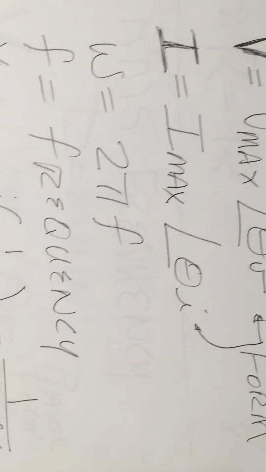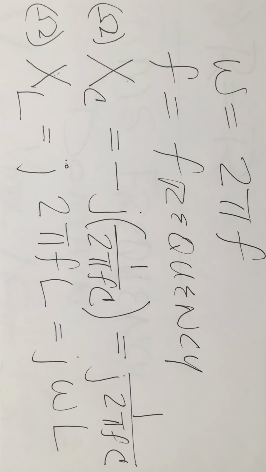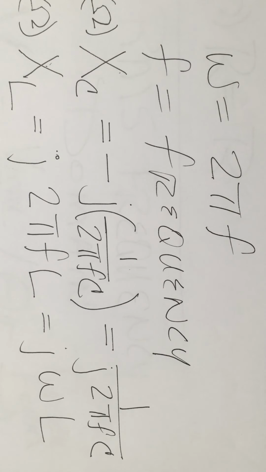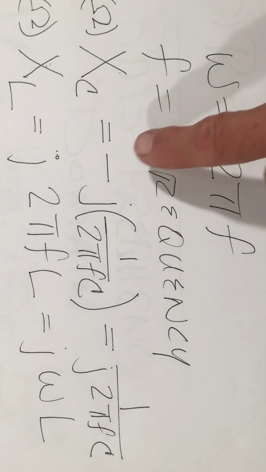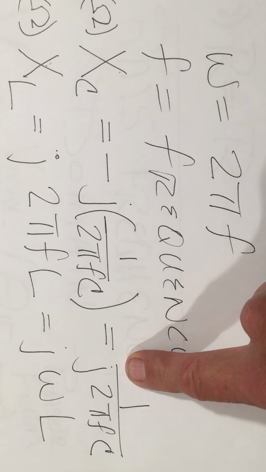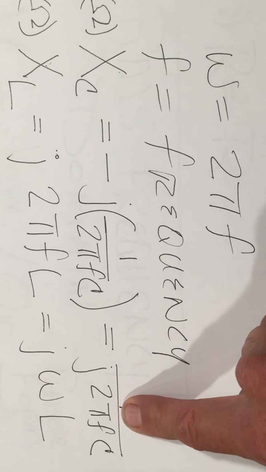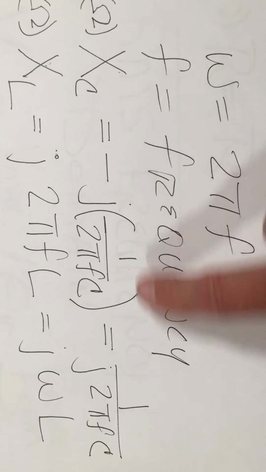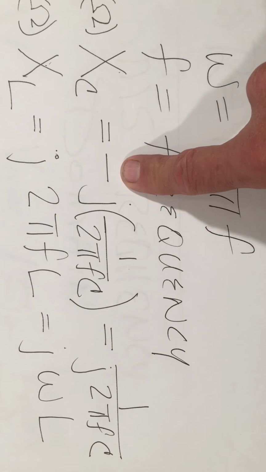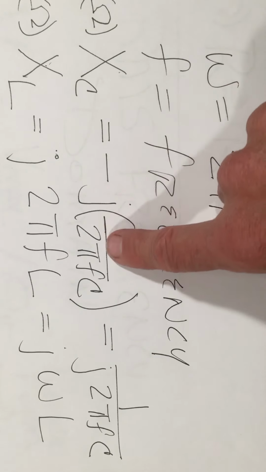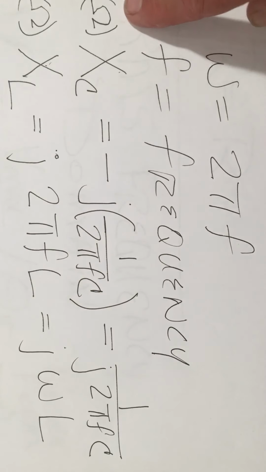And the way you do that is you take XC and, depending on how you look at it, minus J, or J is in the bottom, 1 over J times 2 pi f (omega) times C, or bring the J up top and it becomes minus J times 1 over 2 pi f times C, and I get a value of ohms out of that.